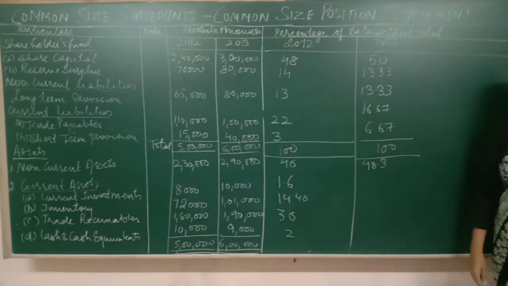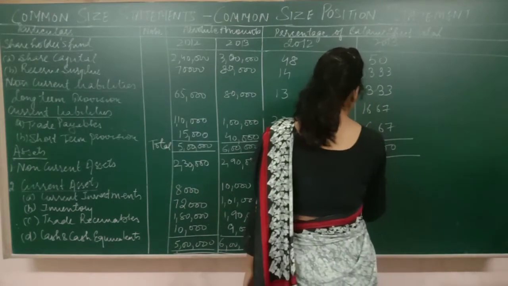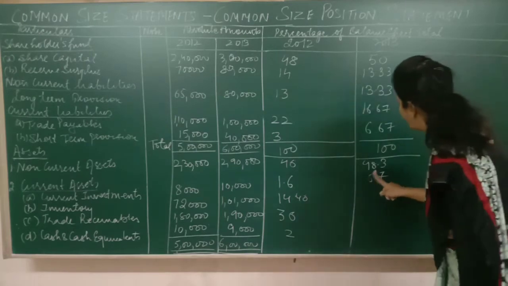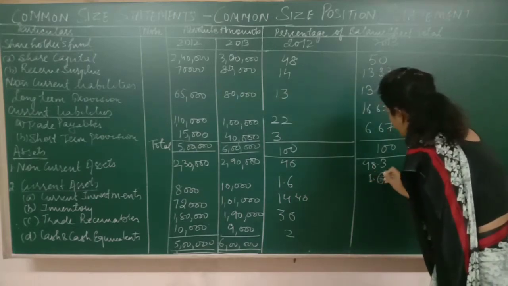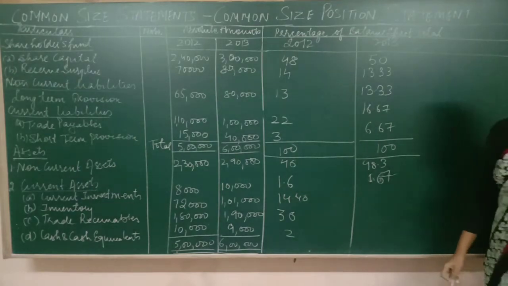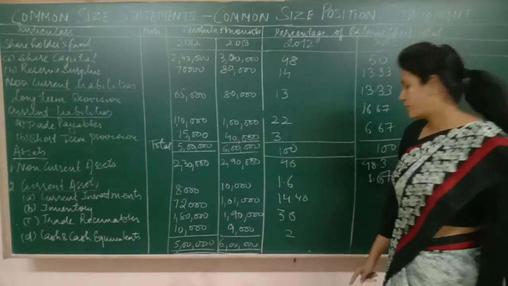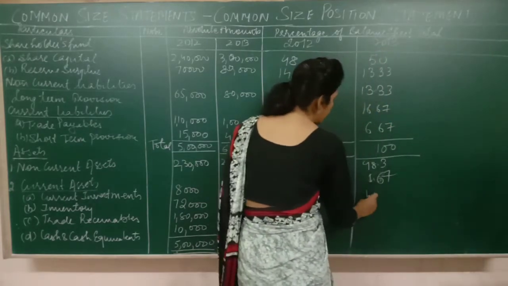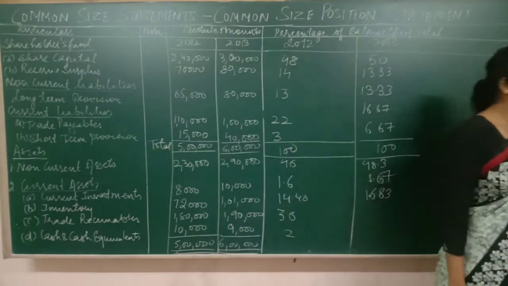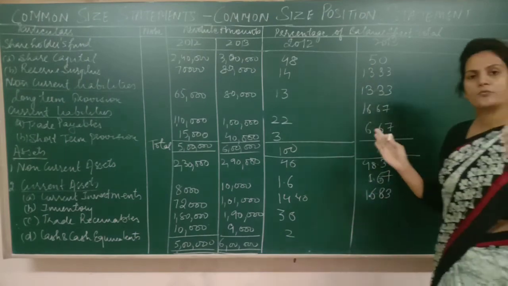So 10,000 upon 6 lakh into 100, which would be equal to 1.67%. Then the next is inventories. So again it would be 101 upon 6 lakh into 100, it would be equal to 16.83%.